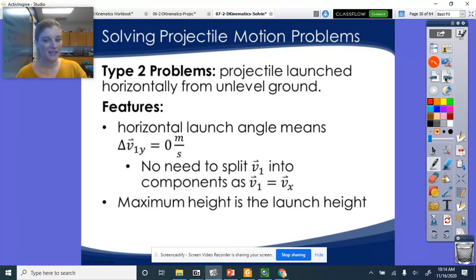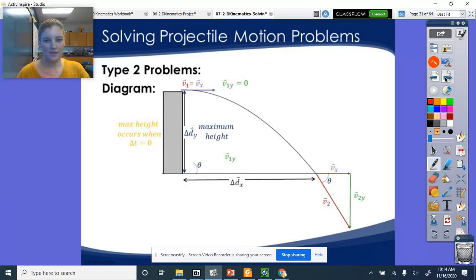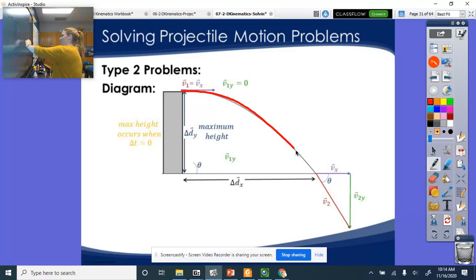And the maximum height is going to be the launch height because if we're just shooting something straight out, there's nothing that's going to make it go up any higher than that. Just pull it down to the ground. So this is what your diagram is going to look like. Your maximum height is going to be at this start time because all that it's going to do is fall from there.